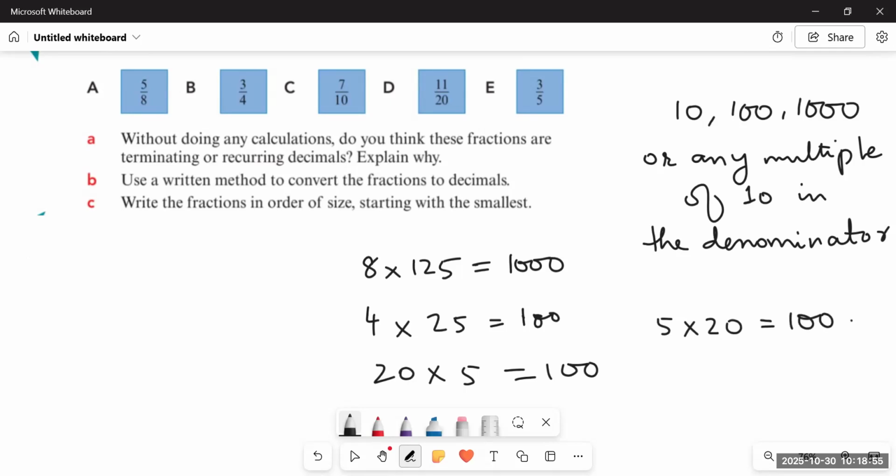So since all of these numbers are either 10 or 100 or any other multiples of 10, they will always be terminating. Why? Because every number that has denominator 10 or its multiple can be easily terminated, right?